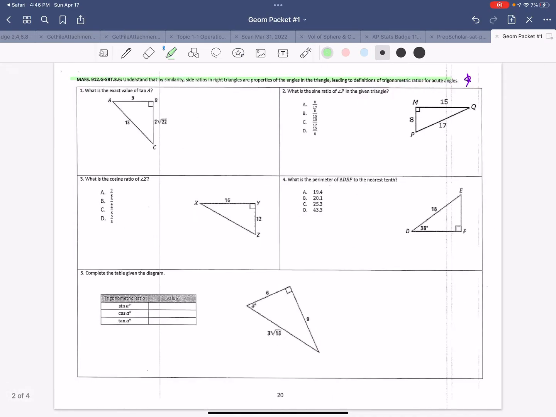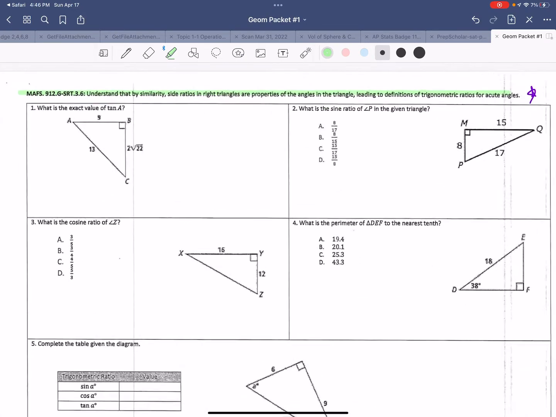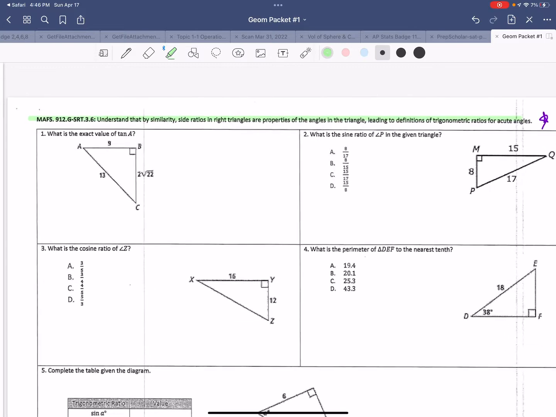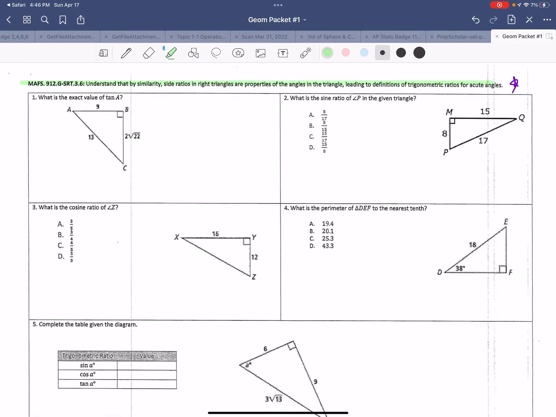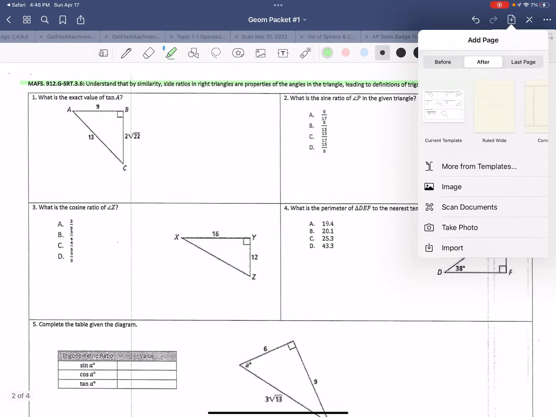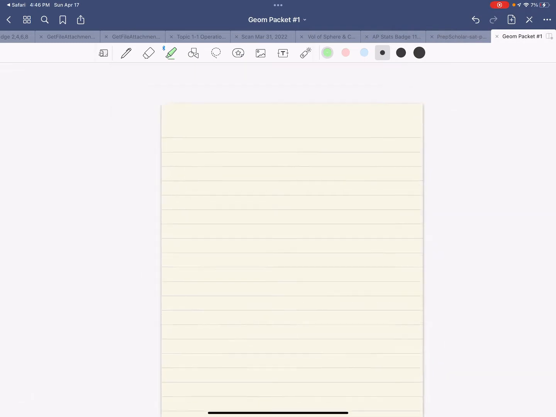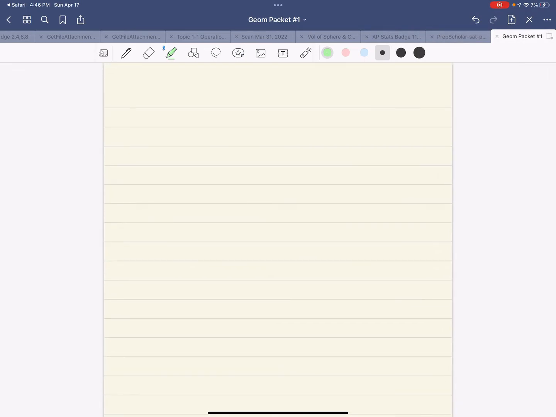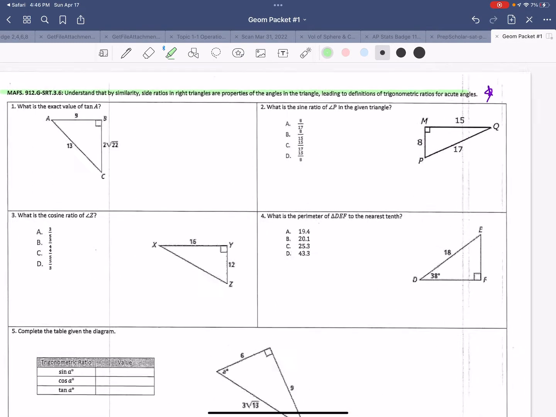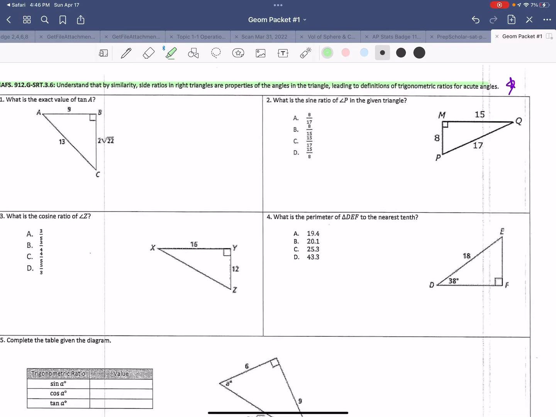Okay, so let's look here at the second page. It says, understand that. So in our notebook, we should want to copy over by hand what it says there.